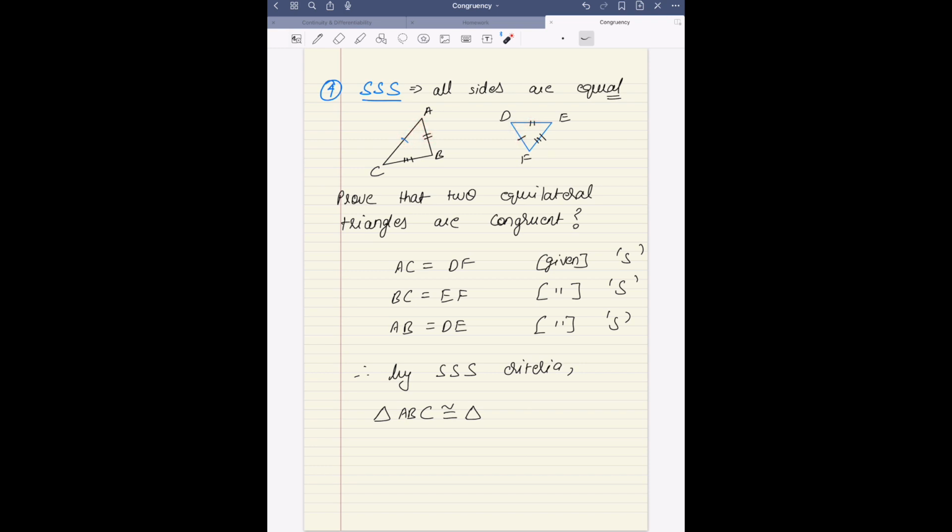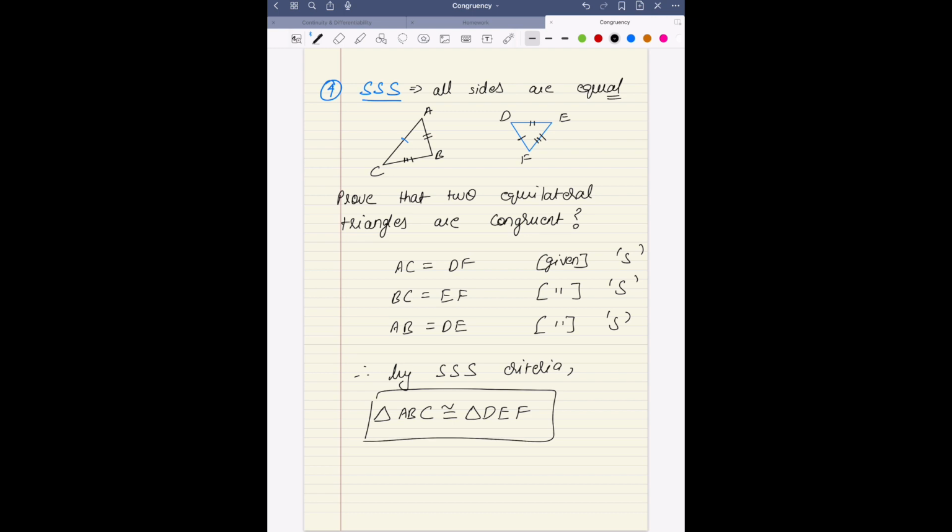It is pointing to D, so angle A is equal to angle D. Similarly, for B, AB and DE are equal, then BC and EF are equal. Which angle are they pointing towards? E. So we have E, and the last one is F. So triangle ABC is congruent to triangle DEF.